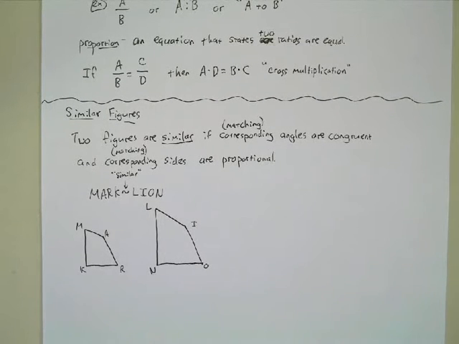All right, so since these two shapes are similar, that means that their corresponding angles must be congruent and their corresponding sides must be proportional. So, Stephanie, can you give me a pair of angles that we know are going to be congruent here?